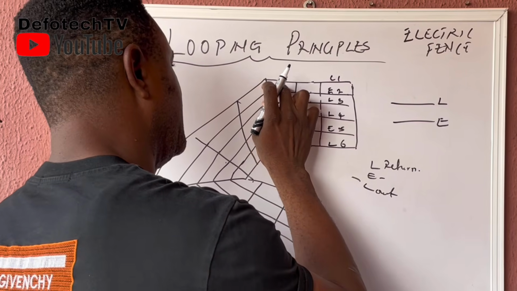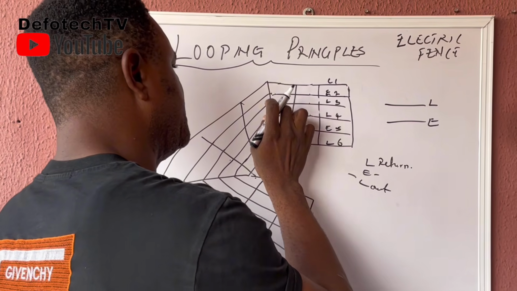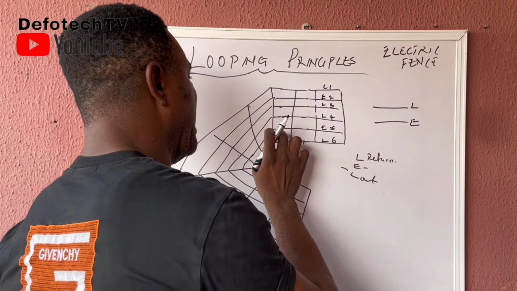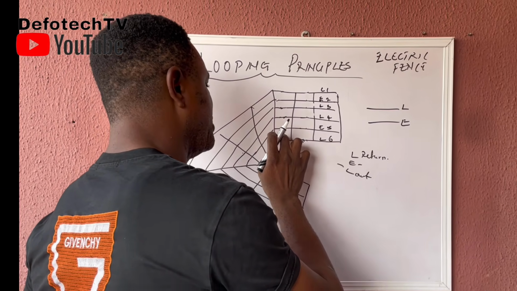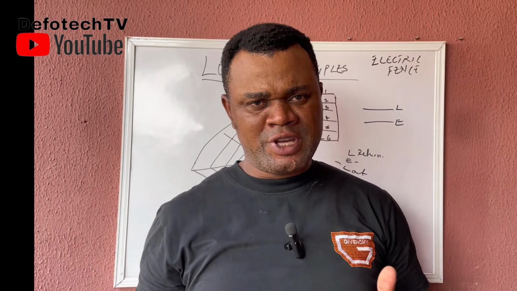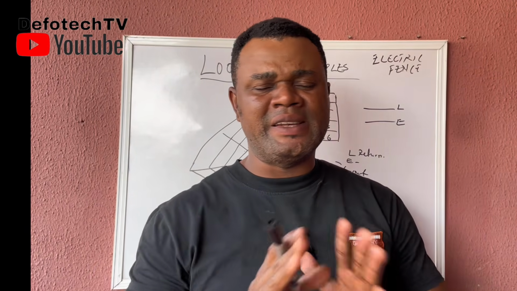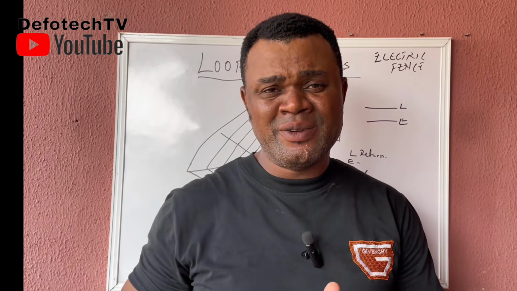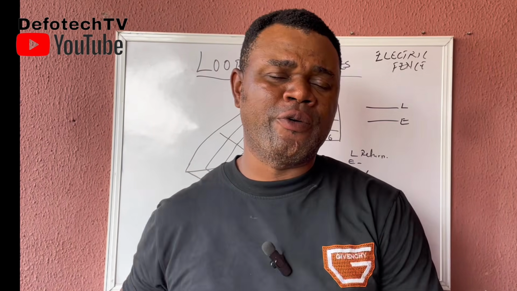It's wrong. And I told him the last time, we need to unlearn you and relearn you. Because for electric fencing, I always feel it's easier to train somebody who does not have any idea about it than training someone who has already been corrupted with the wrong way of doing it.